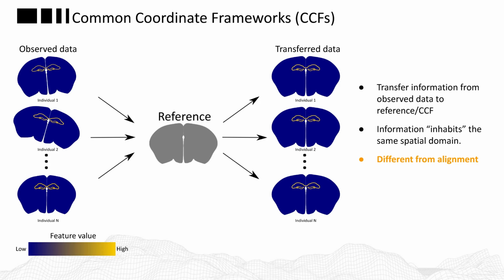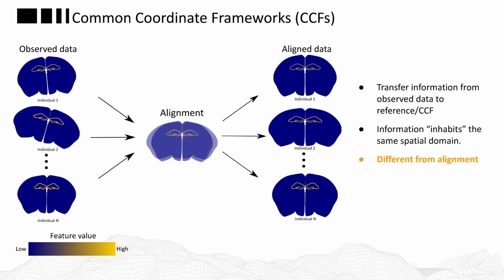Now this is very different from doing an alignment, and I've tried to illustrate the alignment procedure in this image to show you what sets it apart from the transfer of information to a common coordinate framework. As you can see, even though we've managed to orient our data in the same way and put it in the same scale, the information still inhabits different spatial domains. It's not all in the same common coordinate framework.